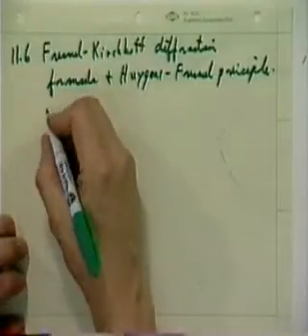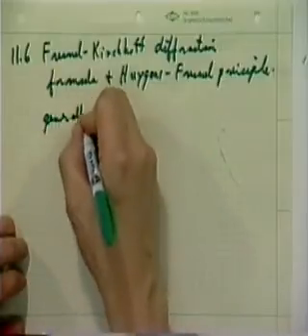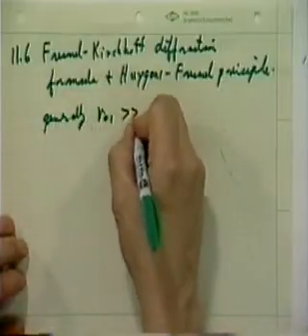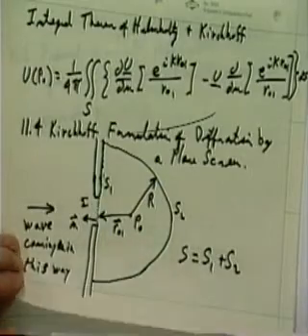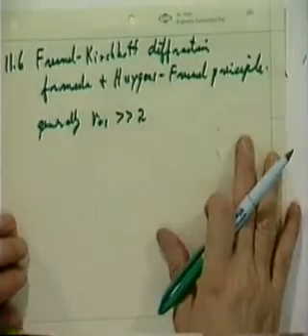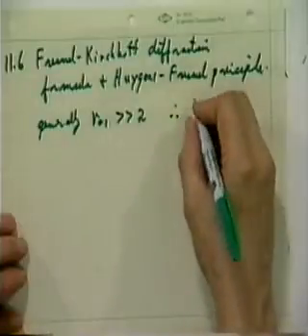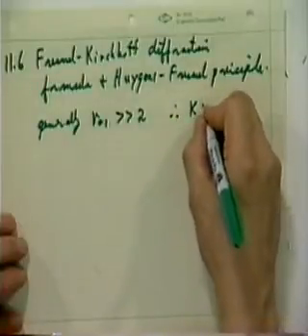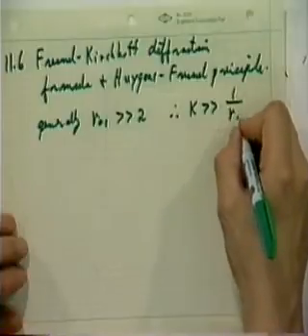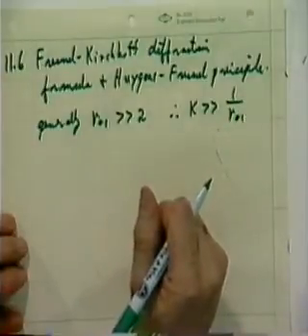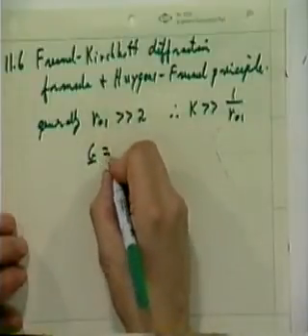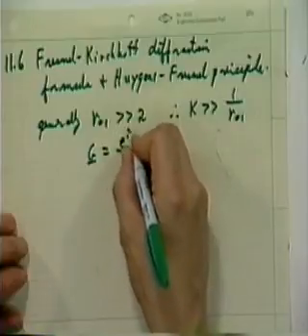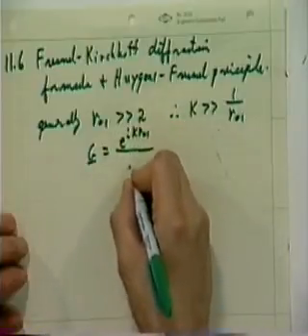Well, what we're going to have here is that generally R01 is many wavelengths. And so we're going to say that we're many wavelengths away from this aperture here. And if R01 is many wavelengths, then k, 2 pi over lambda, is much greater than 1 over R01. And just to refresh our memory, G here was e to the ikR01 over R01.